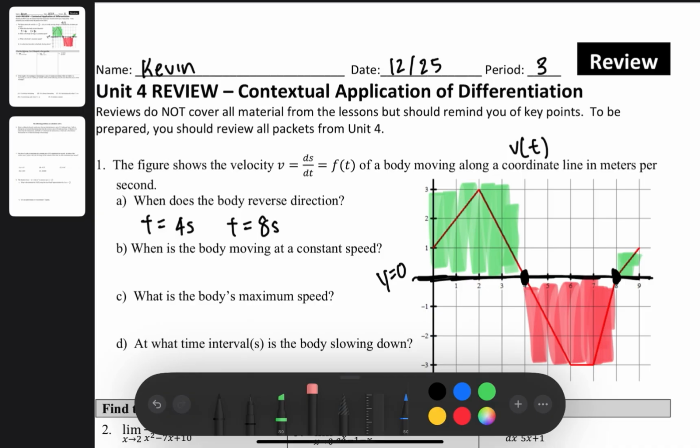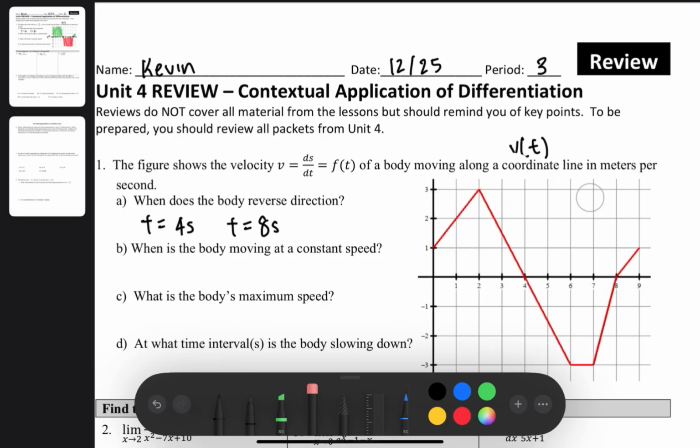Part B, when is the body moving at a constant speed? Let's erase all this. So, when an object is moving at a constant speed, the derivative of velocity, or the acceleration, is equal to 0.